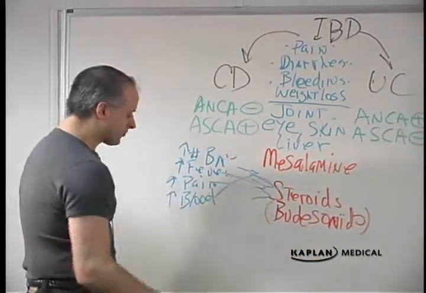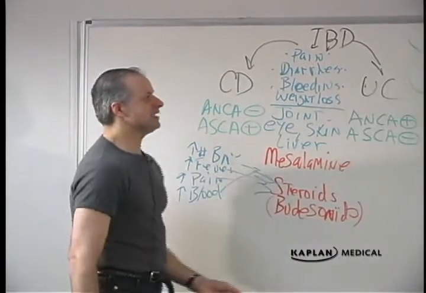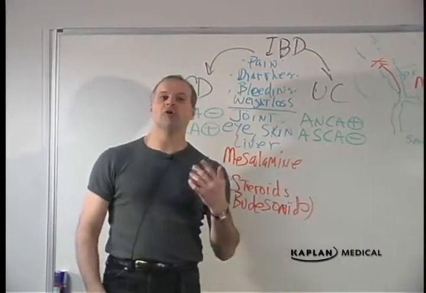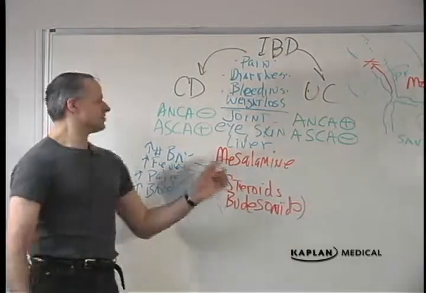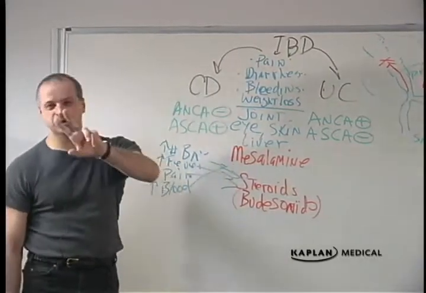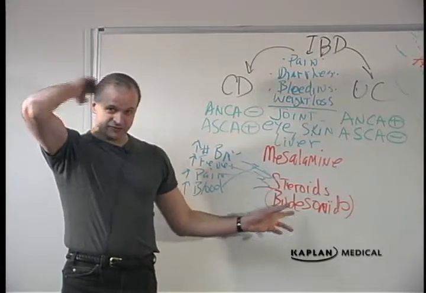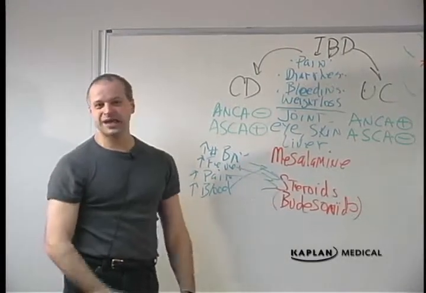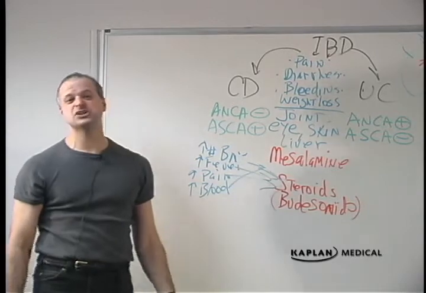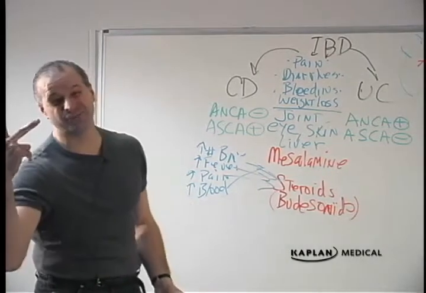Now, the problem with steroids is that if you use them long term, they have all sorts of systemic side effects. They cause cataracts. They cause osteoporosis. They cause truncal obesity. They make you start having a buffalo hump. They give you all sorts of bad things that you don't like cosmetically, not to mention hyperglycemia, cataracts, and osteoporosis.